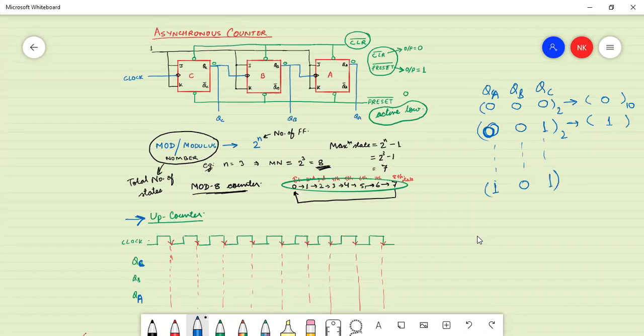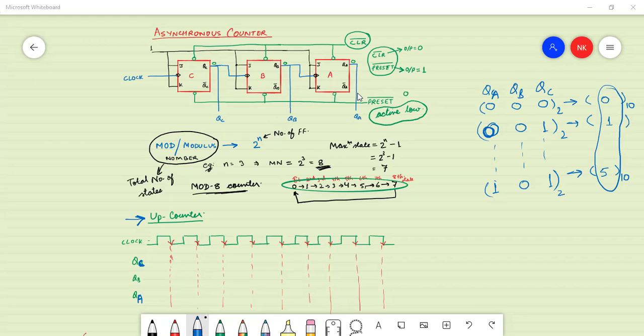If this is binary, then what is the decimal of this binary? 5. Yes, it should be 5. In the same way, based upon the outputs QA, QB, and QC, we can get the numbers, or the states. That is why we are trying to draw this timing diagram.